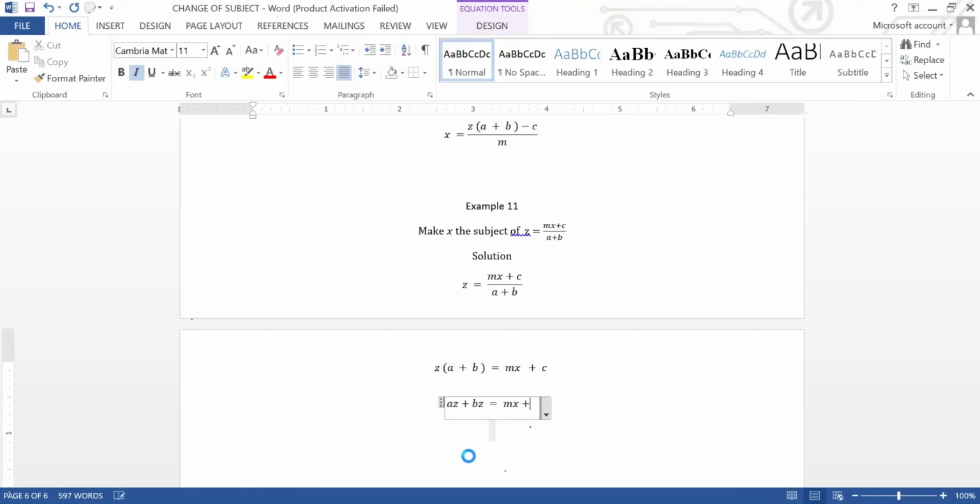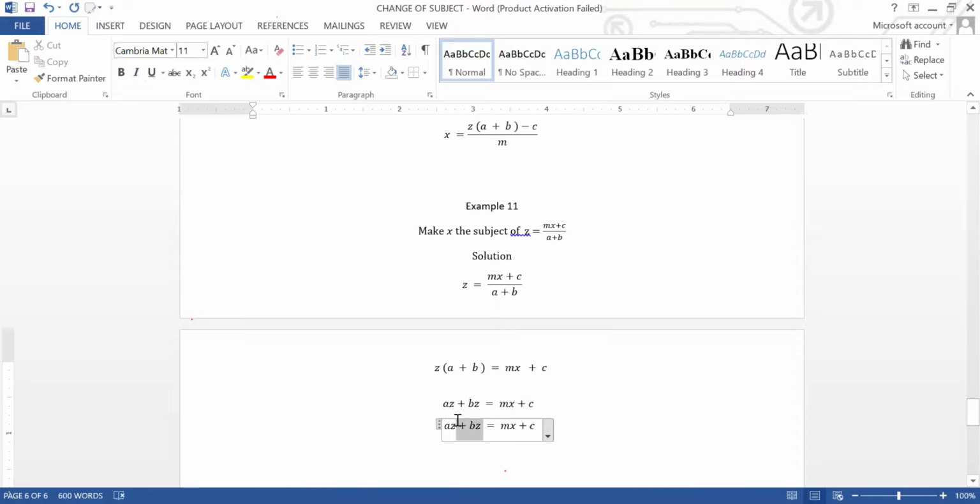So plus C. All right. Now we want to make A the subject. We send the BZ to the other side, and A can stand alone. That's what we are doing. So BZ goes off, to the other side.